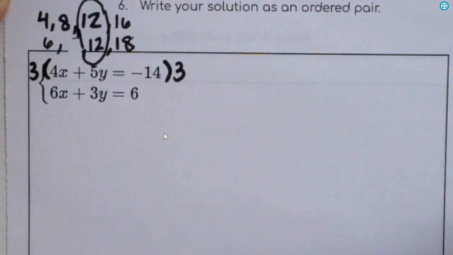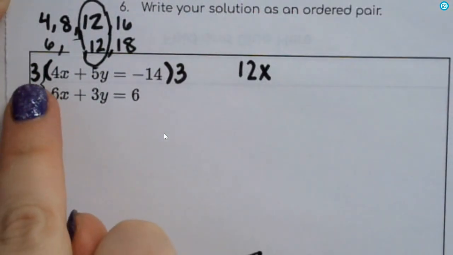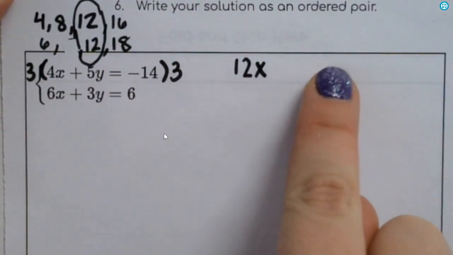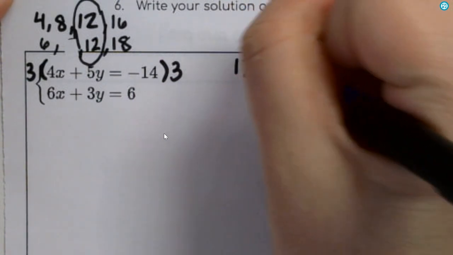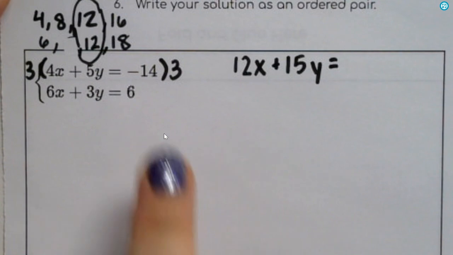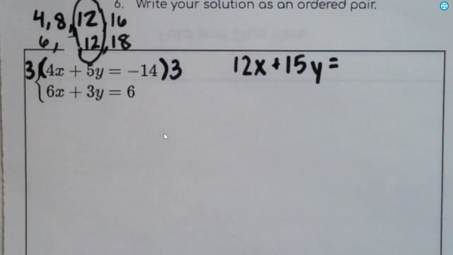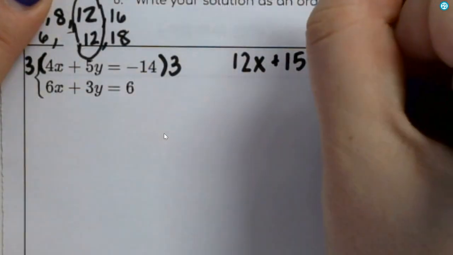So 3 times 4x is 12x. 3 times 5y is 15y. And 3 times negative 14 is negative 42.